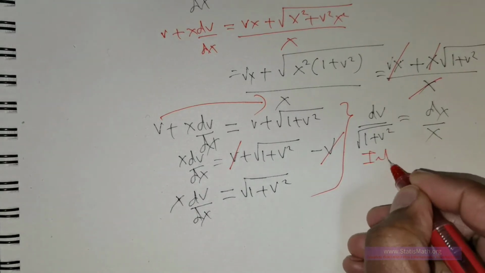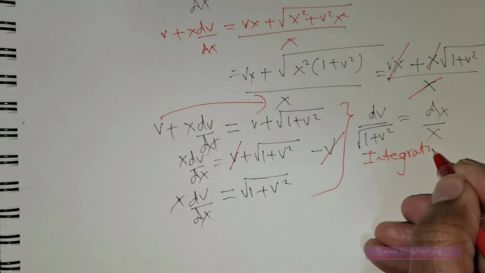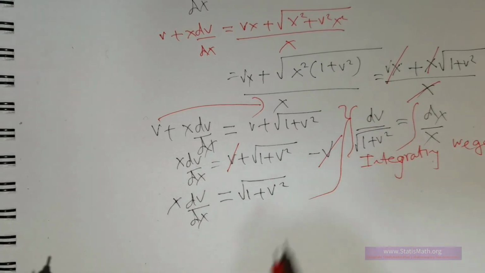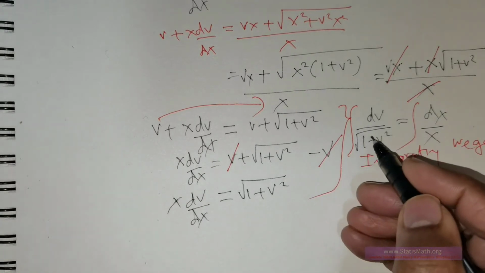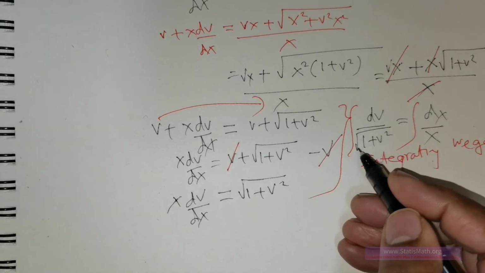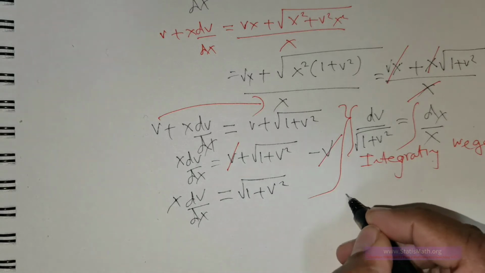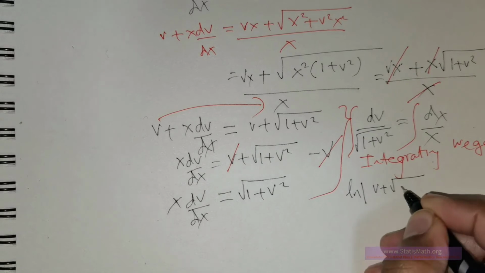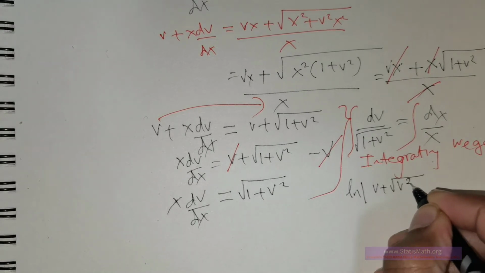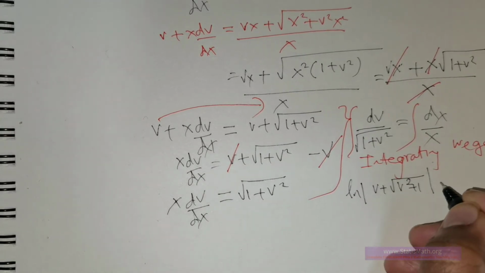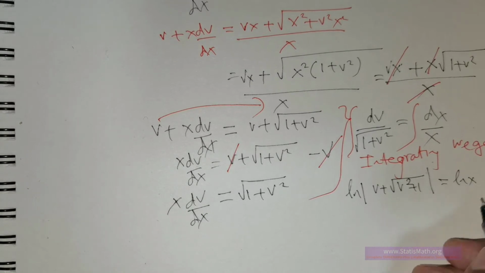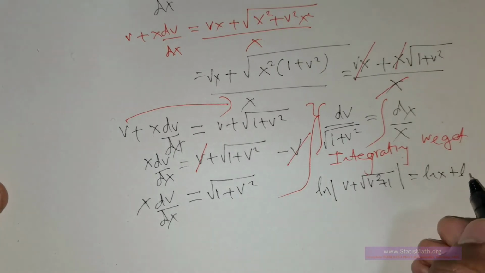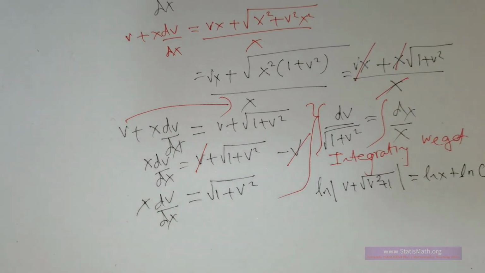Now integrating both sides, using the formula that the integral of dv over √(1 + v²) is ln|v + √(v² + 1)|, we get ln|v + √(v² + 1)| = ln x + ln c.